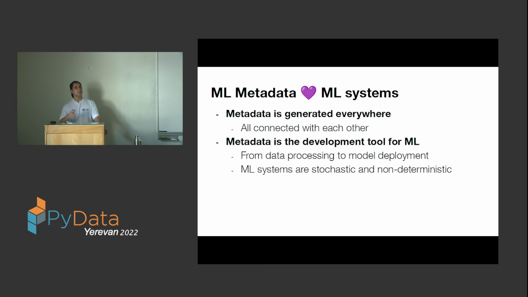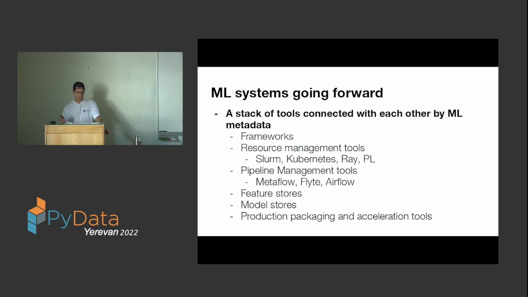Because while building ML, you spend your most expensive infrastructure. And it's a development tool for machine learning, from data preprocessing to model deployment. Machine learning systems are stochastic and non-deterministic, which means that you need to track everything that moves.